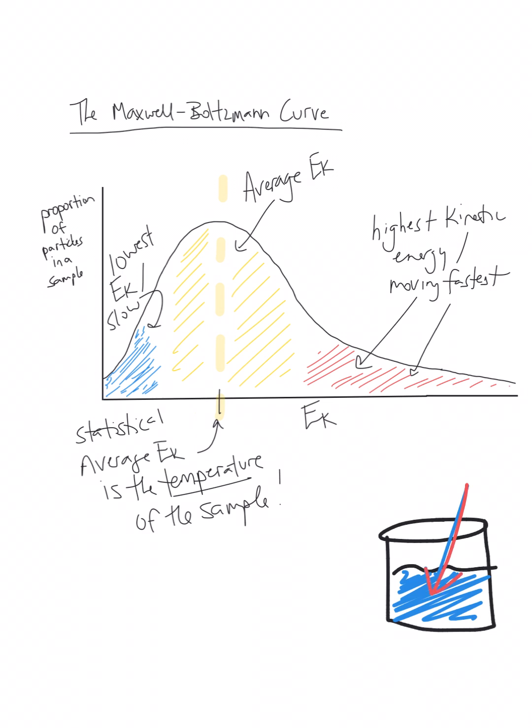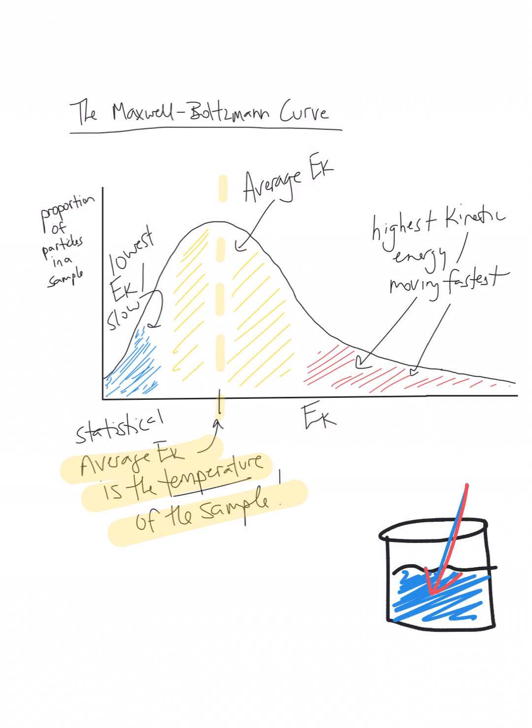Just like you might practically expect with all sorts of other things, every single molecule is not the same. The speed and the kinetic energy of the particles, we really consider the average when we're measuring it. And that's what we would refer to as the temperature. So remember that temperature is your average kinetic energy of the sample.